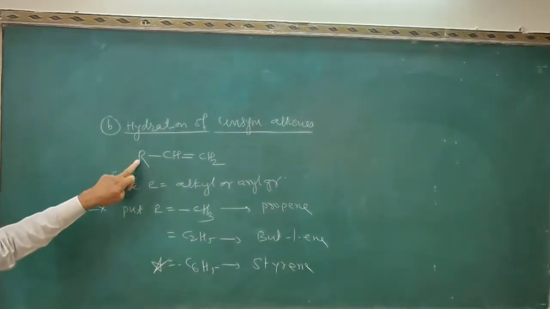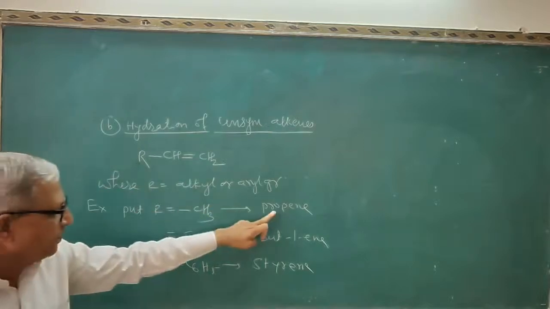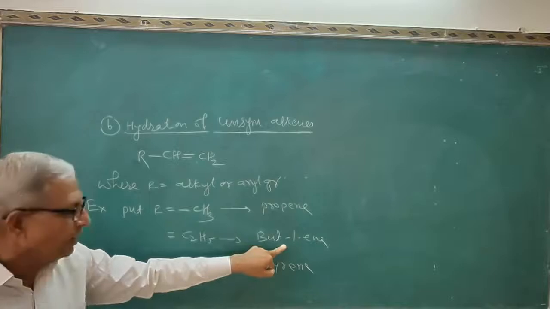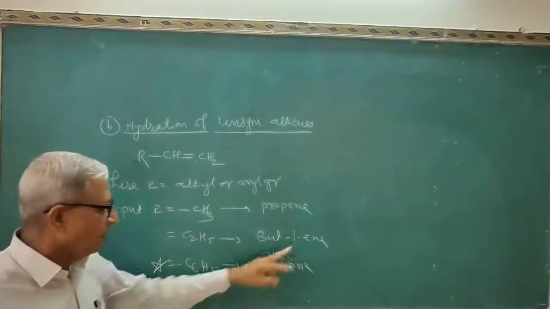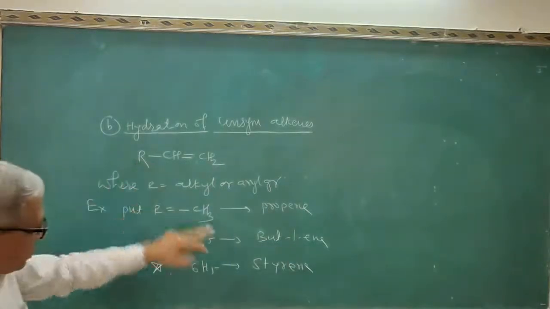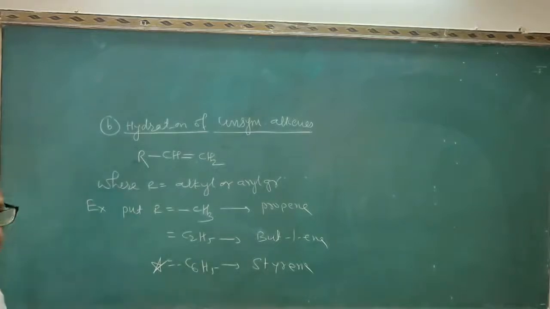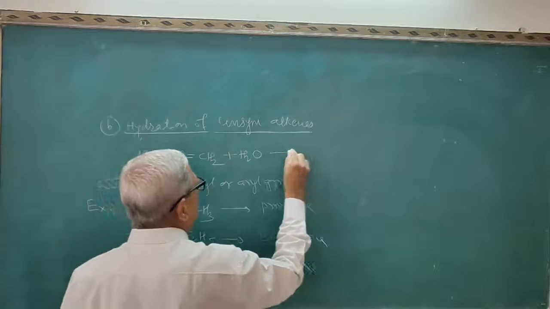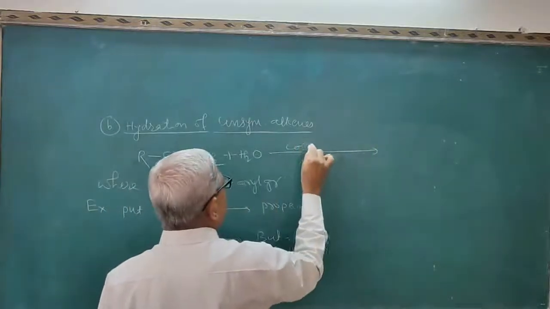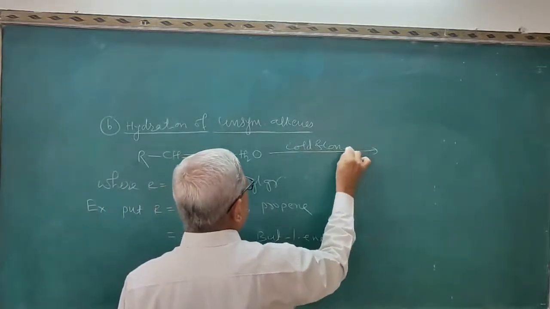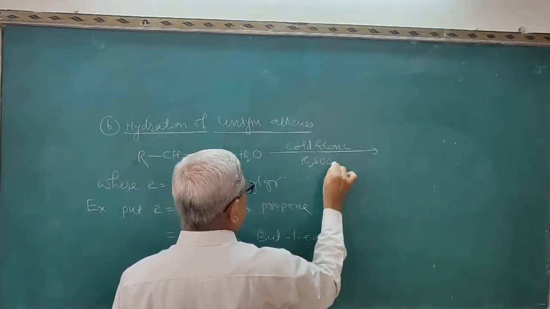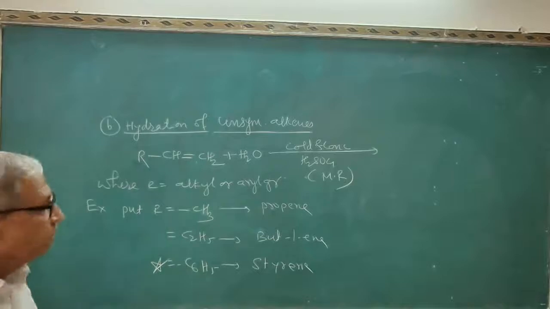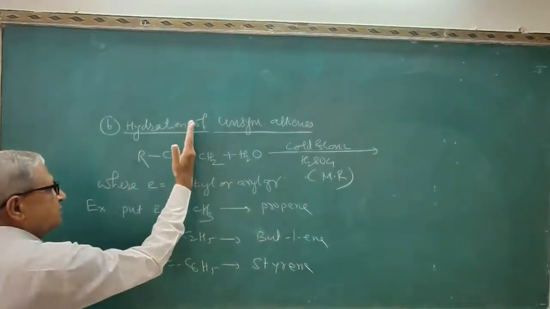Put R equal to CH3: the example is propene. Put R equal to C2H5: but-1-ene, which is also called alpha butylene. Put R equal to C6H5: you will get styrene. When you add a water molecule H2O in the presence of cold and concentrated H2SO4, remember that you have to use the Markovnikov rule because this is an unsymmetrical alkene.